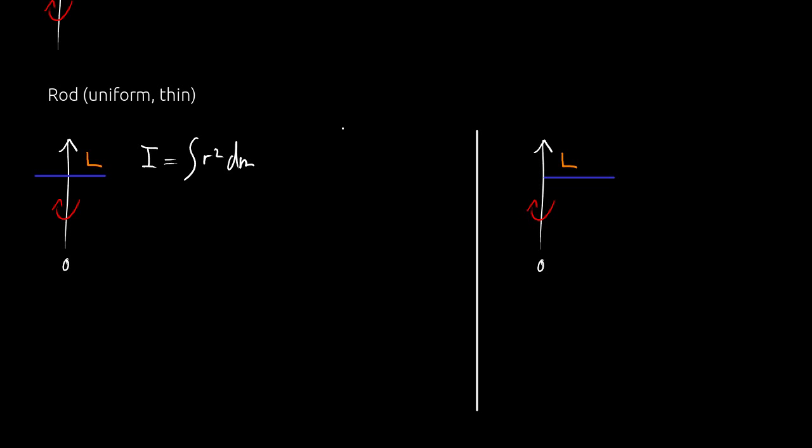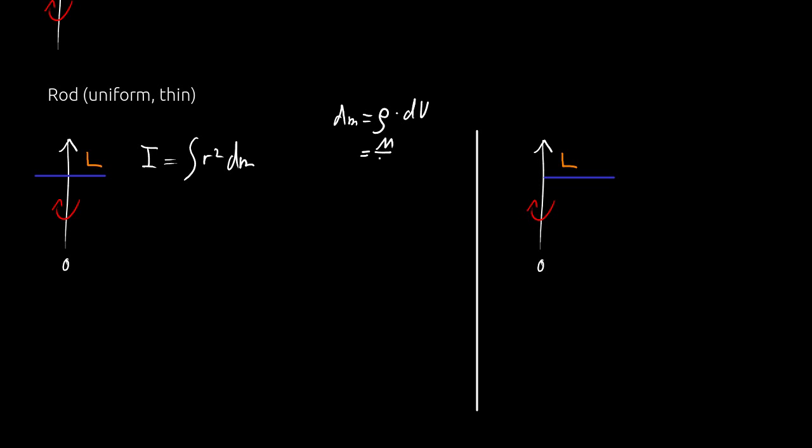It's going to have a linear density, so dm is rho times dV, and rho in this case is not mass per cubic meter.